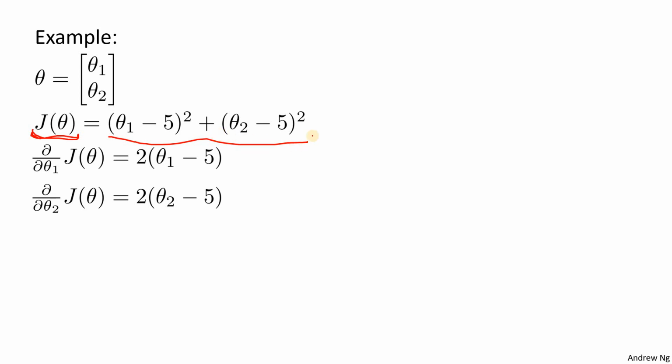It's not changing, and the derivative of a constant is 0, so this term becomes 0. We don't show it. Similarly, when we find the derivative with respect to theta 2, it will come out to be 2 times theta 2 minus 5, and the first term will become 0. So both the functions will subtract different values from their respective theta 1 and theta 2.